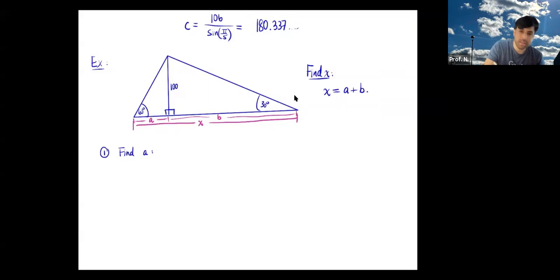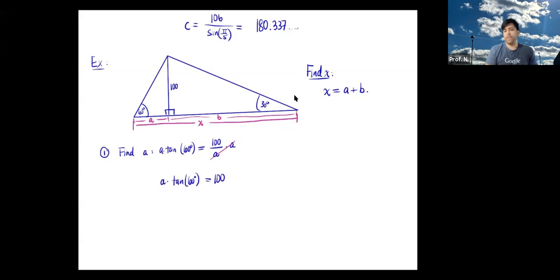So it makes sense to say tangent of 60 degrees equals opposite over adjacent. You see that? So now I can find A. Multiply A on both sides. The A's cancel, and I'm left with A multiplied by tangent of 60 degrees equals 100.